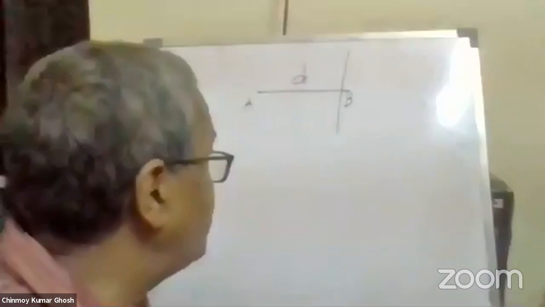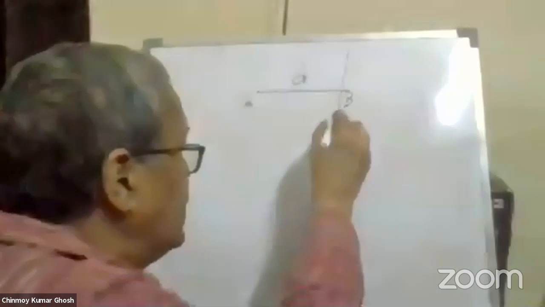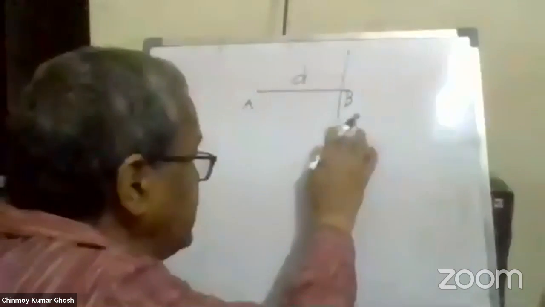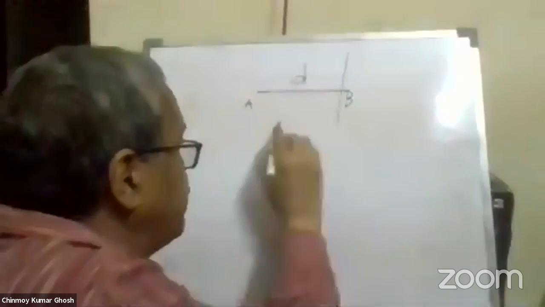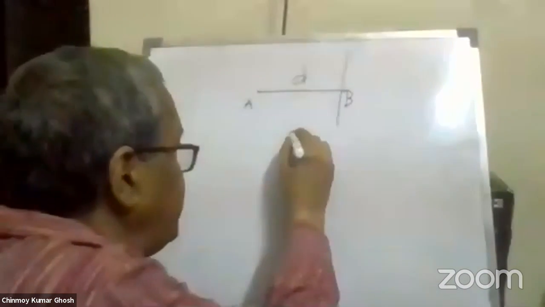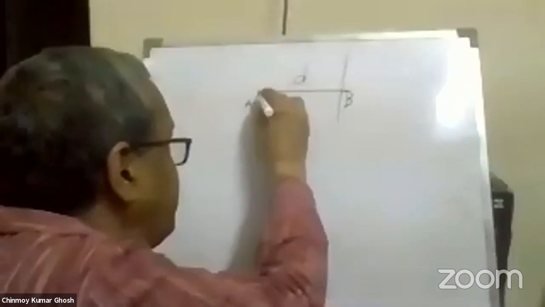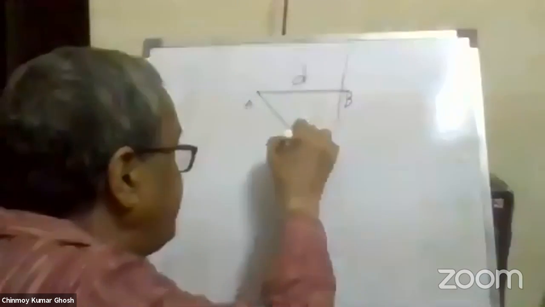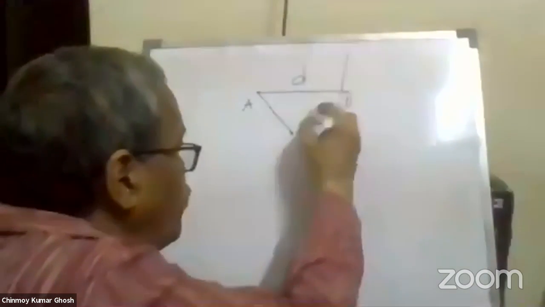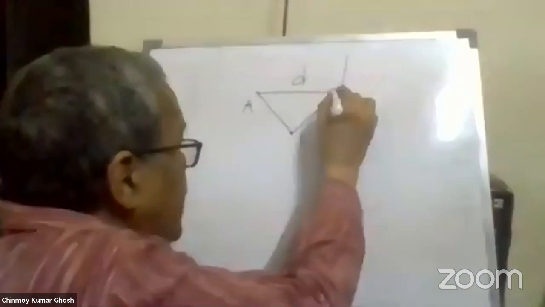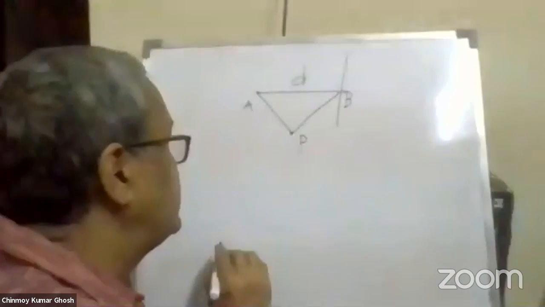What Mr. Shen was telling, let me translate that mathematically. Let D be the distance, and let this be a particular position of the person P on the track. So AP is a variable, so is PB, but AB is fixed.